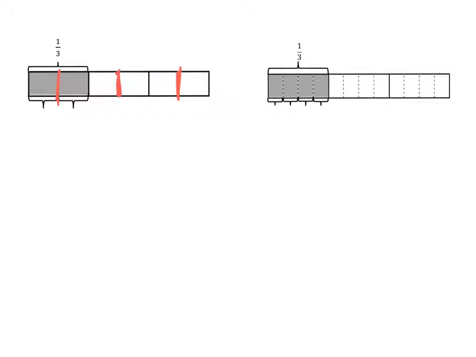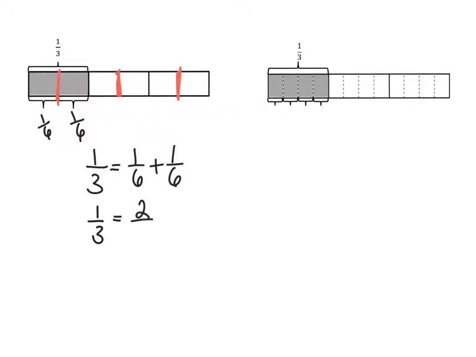It's now cut up into 6. The unit fraction now is 1/6 and 1/6. So what is the equivalent fraction to 1/3? 1/6 plus 1/6 would give us 1/3 equals 2/6. So 1/3 and 2/6 are equivalent fractions.